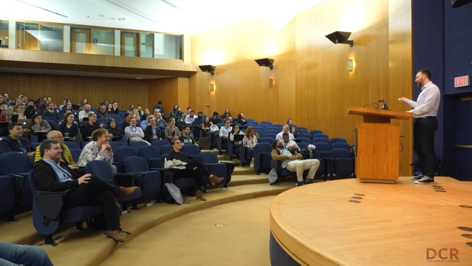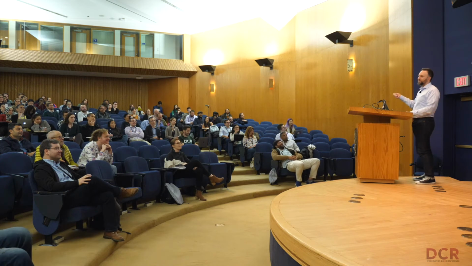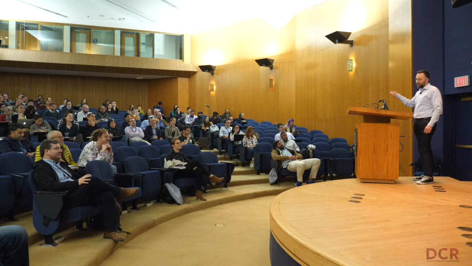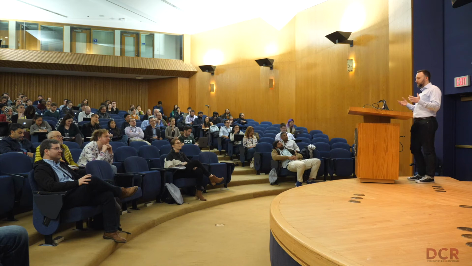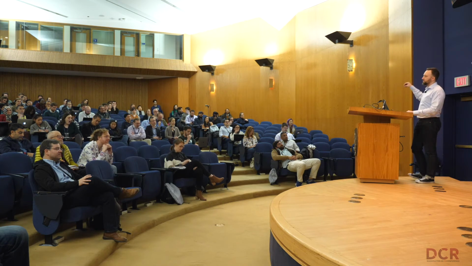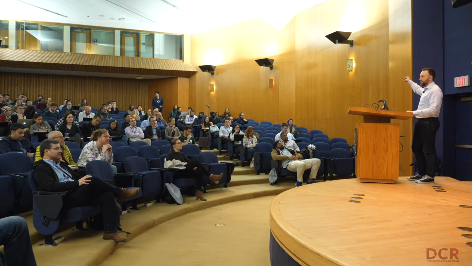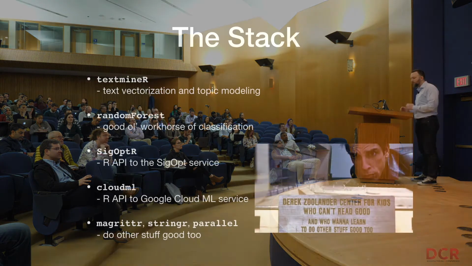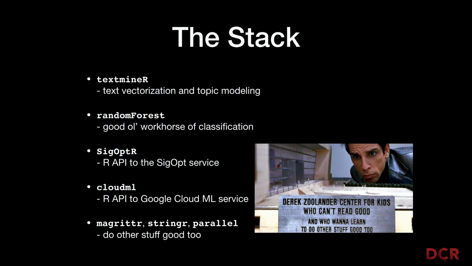The task is to predict which of these 20 newsgroups the document came from. Using my optimization service, which I'll talk about in a bit, I'm going to create a bunch of observations of what hyperparameter settings gave me what values on these evaluation metrics, so I can get a sense of the underlying mechanics of these models and how they work.